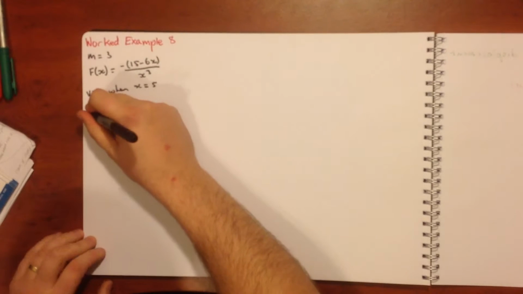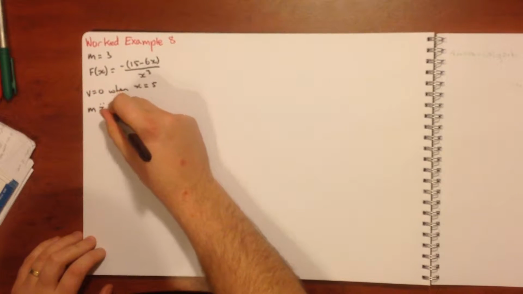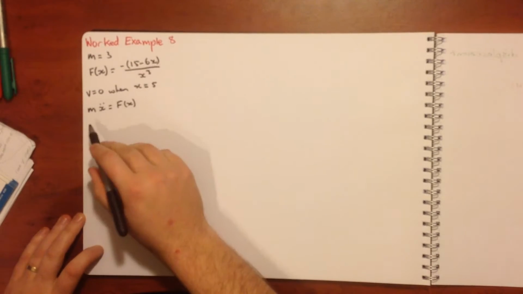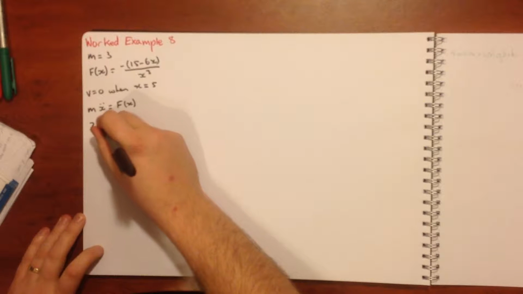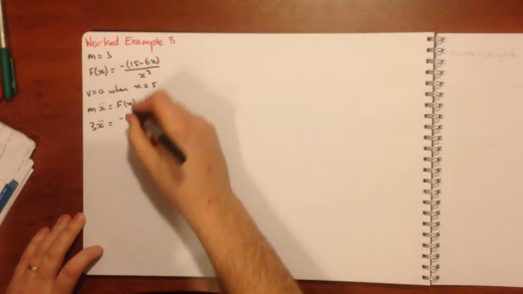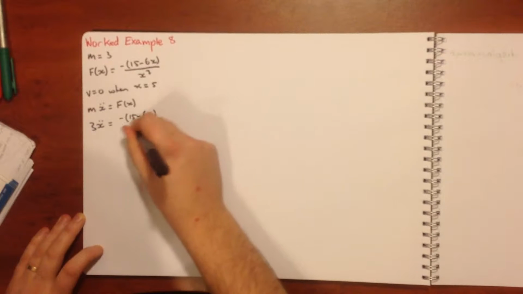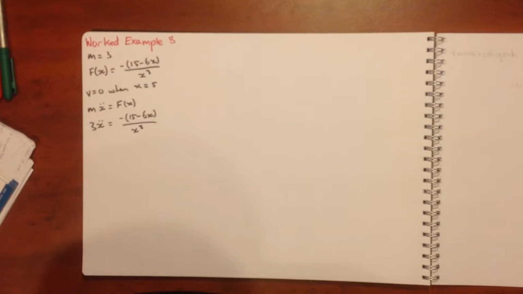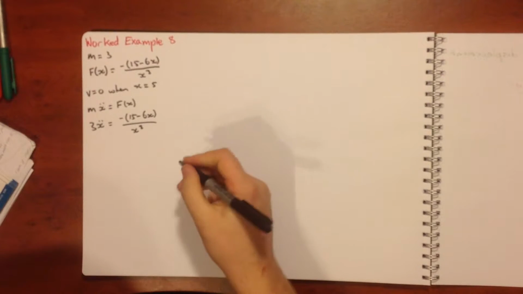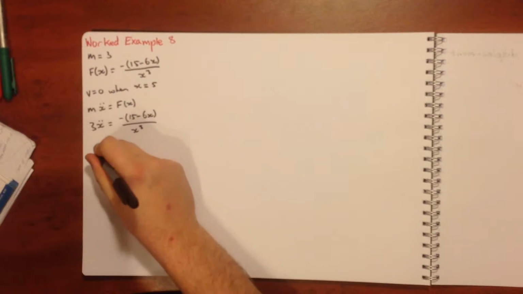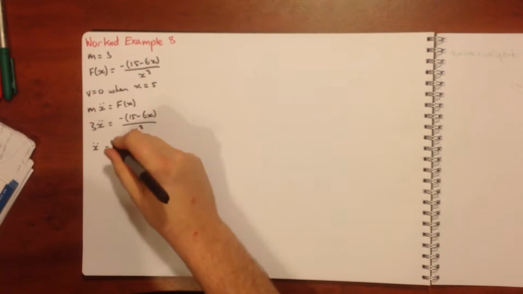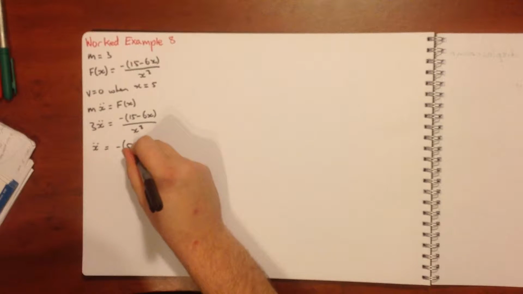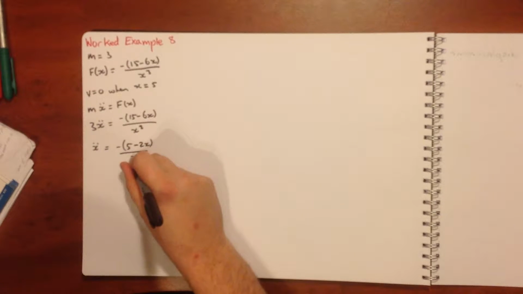We can look at our mass times our acceleration is equal to our f of x. We know m is 3, so 3 times our acceleration is equal to our force, which is negative (15 minus 6x) over x cubed. Dividing by 3, we get the acceleration equal to negative (5 minus 2x) over x cubed.